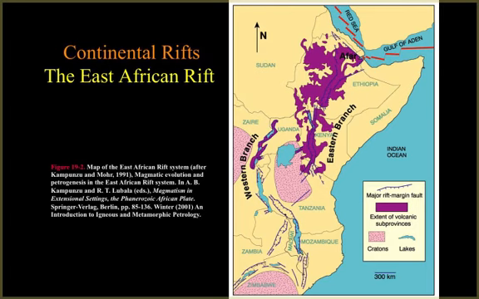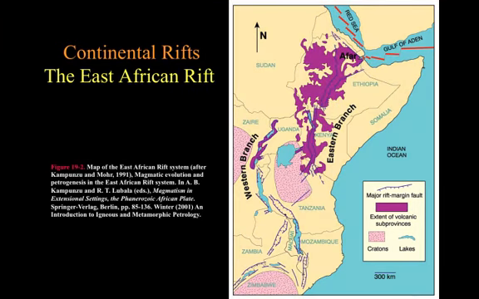The East Africa rift zone starts in Ethiopia and stretches down into Tanzania, into Uganda, and there's quite a bit of volcanism that's taking place there that again is bimodal. So we're seeing both kinds of volcanism.